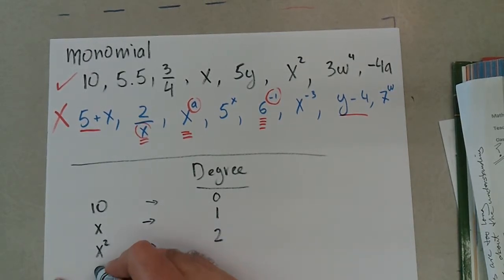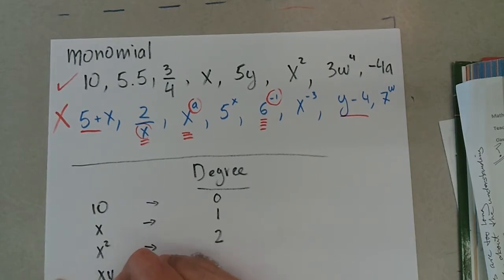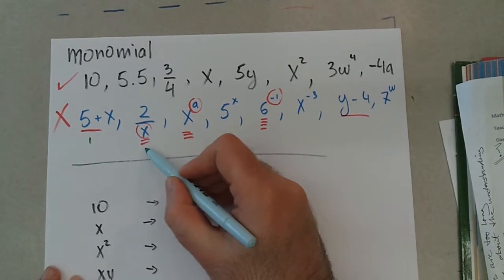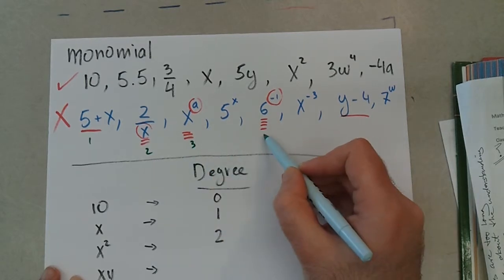Now let's take this, xy. Well, that's still a monomial, because you can have monomials that have more than one variable. I didn't write that there, but that's not an exception to the rule. It's not one of the 4 exceptions. I probably should number these as exception number 1, 2, 3, and 4.